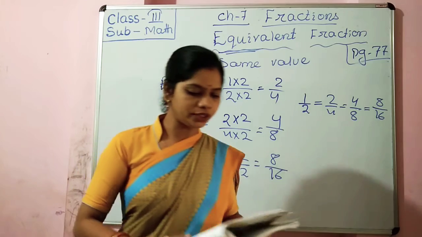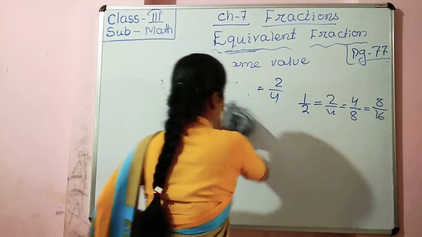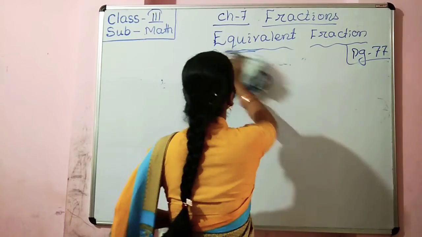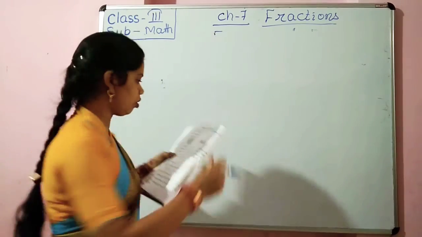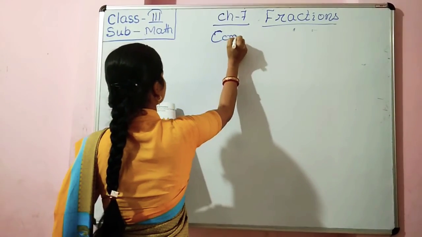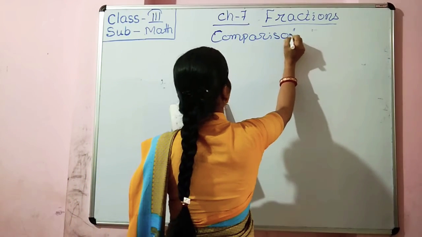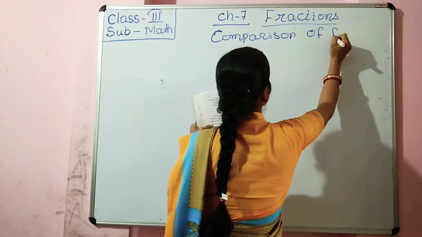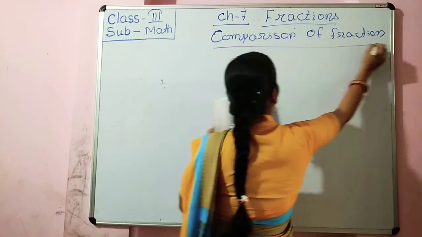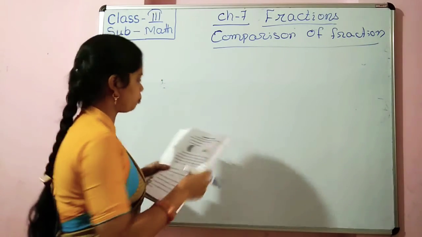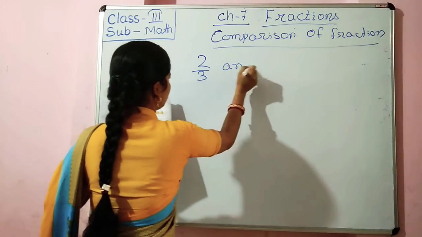Next we learn the comparison of fractions. देखो, comparison of fractions. Suppose two examples, 2 by 3 and 2 by 5.